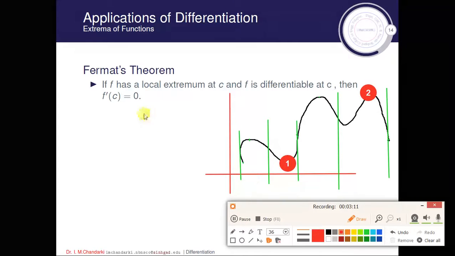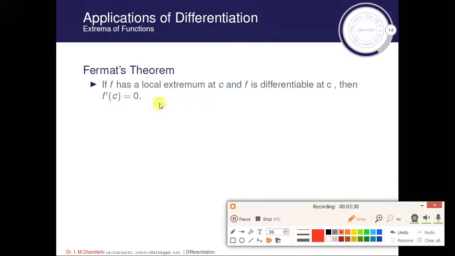So that is the application of the maxima and minima concept and the concept of local extremum. So you understood what is local extremum and what is the global or absolute extremum of the function. Let me clear this.